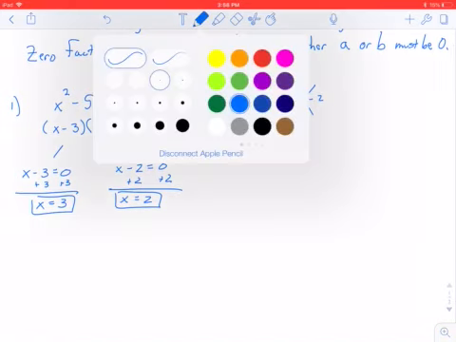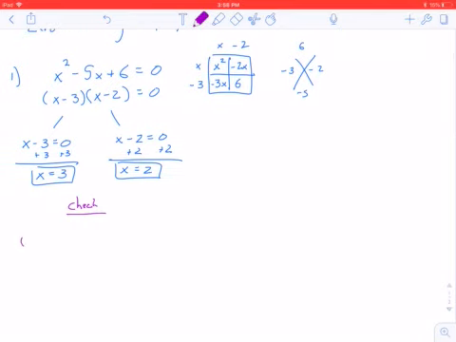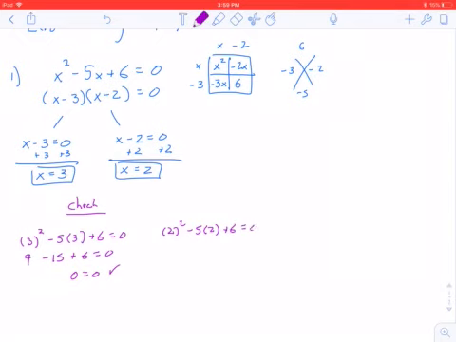Let's do a quick check. So I'll check the first one. Let's see if 3, when I plug in for x, satisfies this equation. 9 minus 15 plus 6. Well, 9 minus 15 is negative 6, plus 6 is 0. It checked out. Let's try it for the other one. So let's plug in 2 and see if it satisfies this equation.